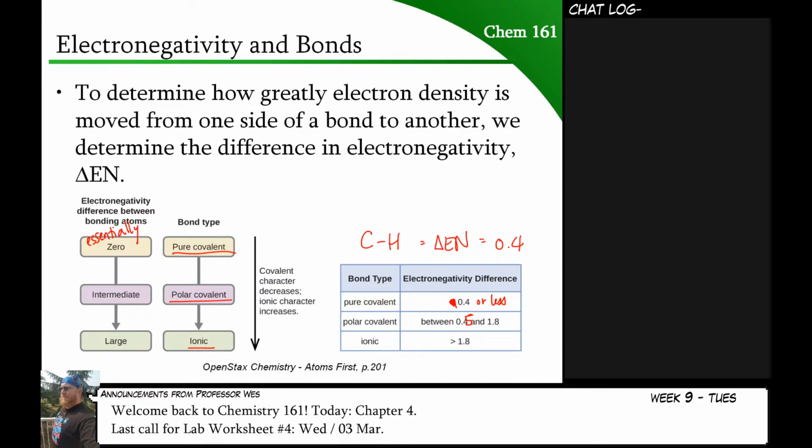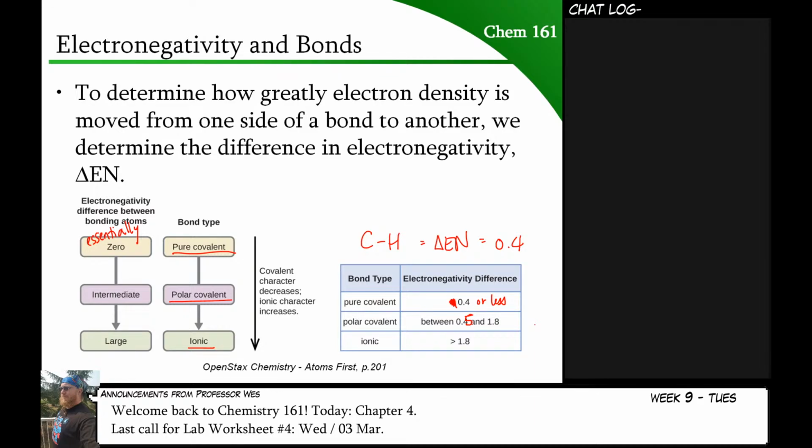So really, really important that we categorize CH as nonpolar, or else all of organic chemistry falls apart. Okay, so make that change to your notes. Just make sure that you are treating 0.4 as something that is considered to be pure covalent, because for our purposes, it will be. And in fact, for almost everybody's purposes. I just want to say that the book is just wrong by doing that.